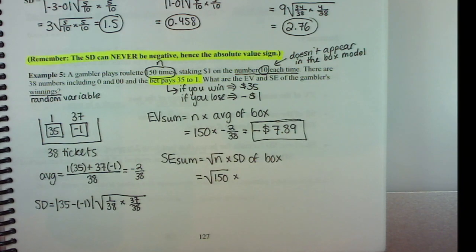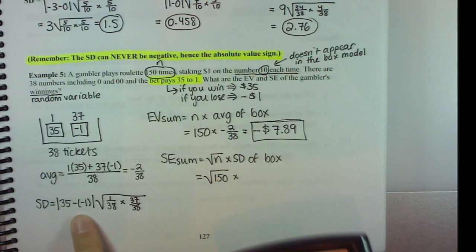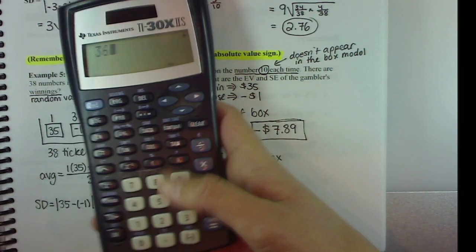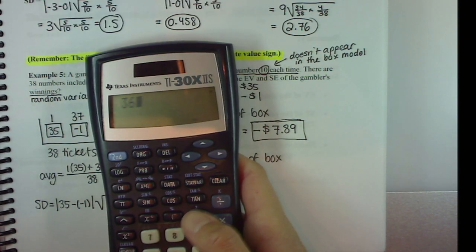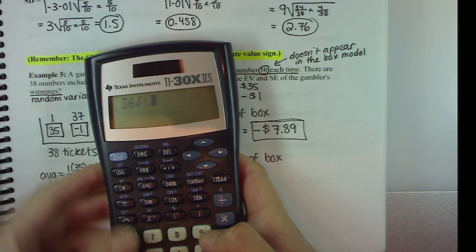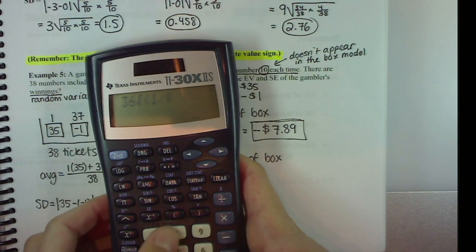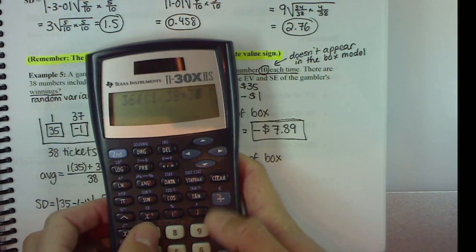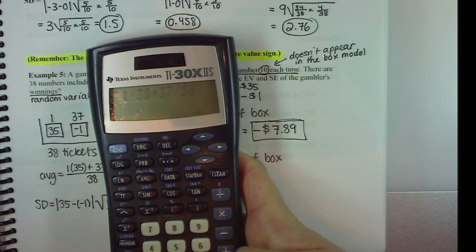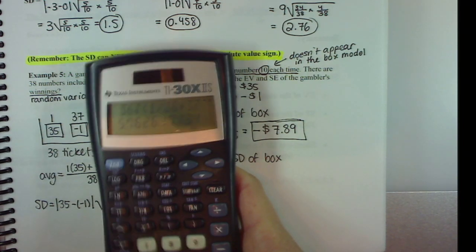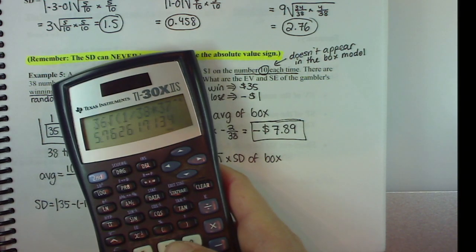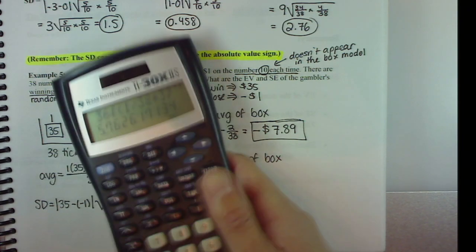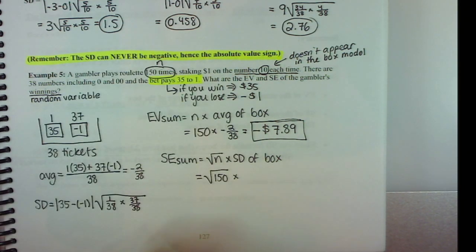So calculator time, let's see, 35 minus -1 is 36. 36 times the square root of 1/38 times 37/38. This is really hard to see, but 5.76 should be my SD.